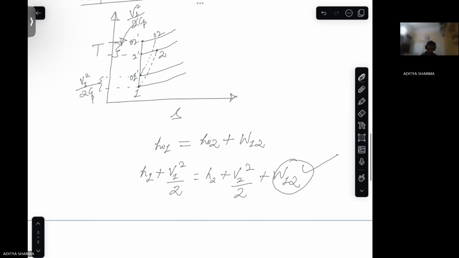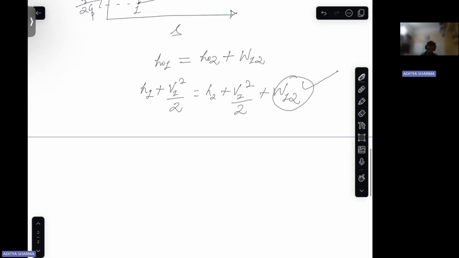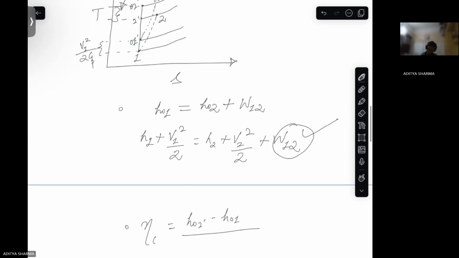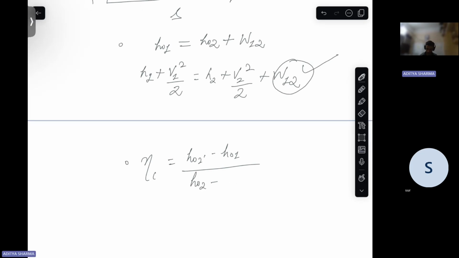And if you talk about efficiency, the isentropic efficiency of your compressor, one formula that comes out of here is H02 dash minus H01 divided by H02 minus H01.